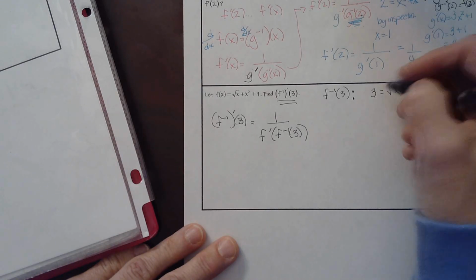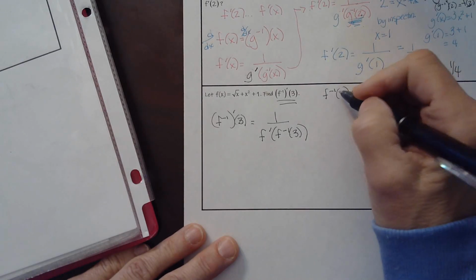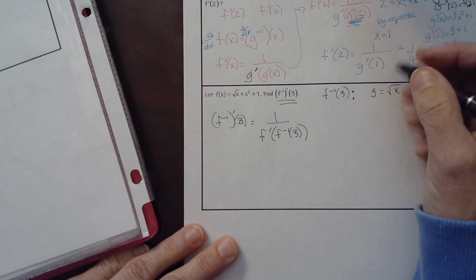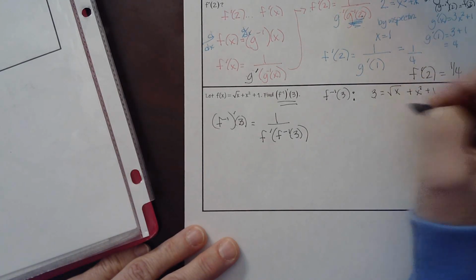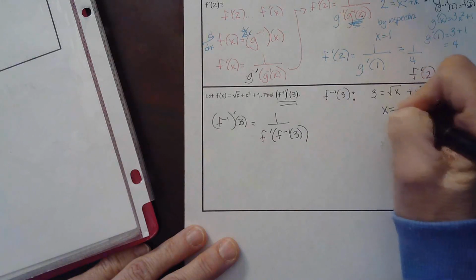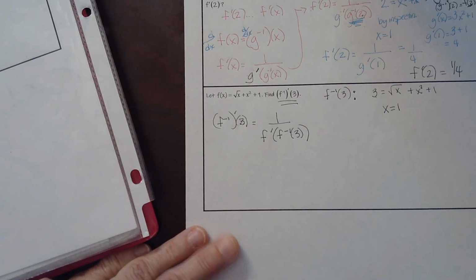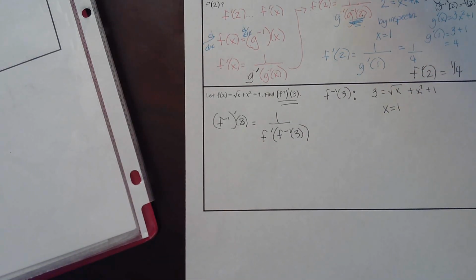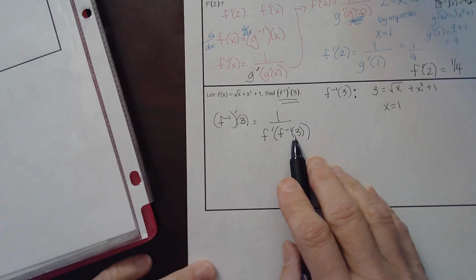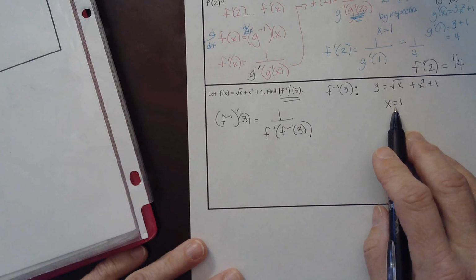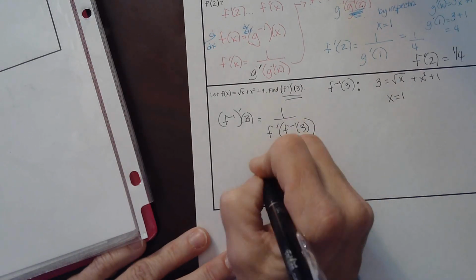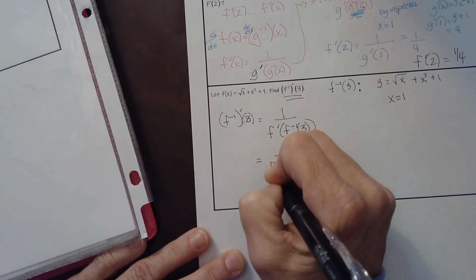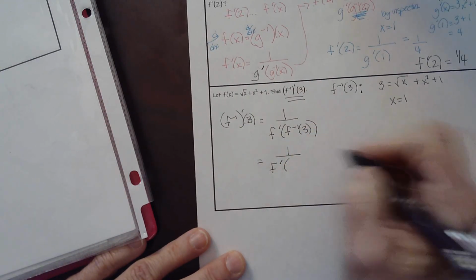And the answer is yes. So f inverse of 3 is 1. And so now we need to substitute into 1 over f prime of 1.